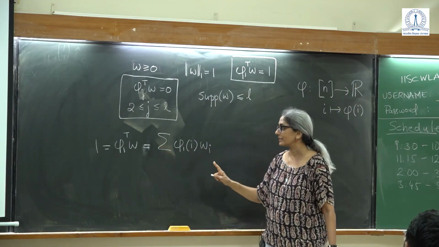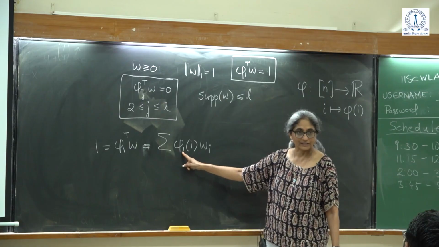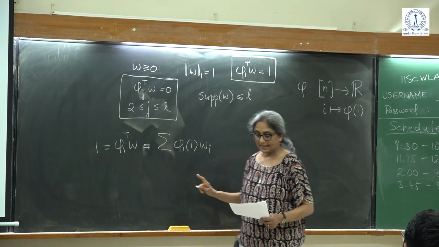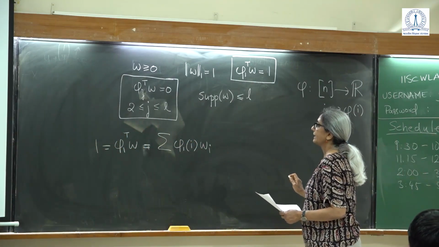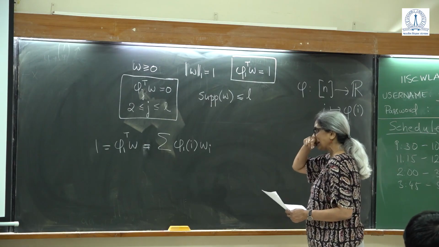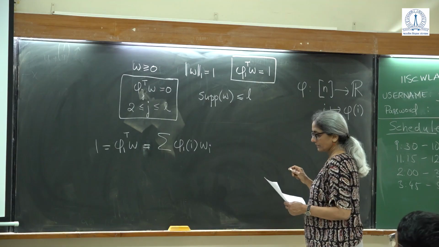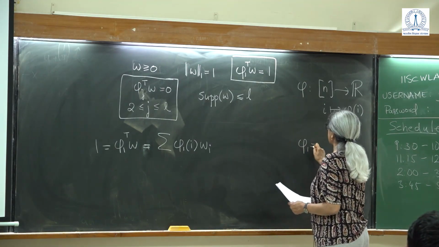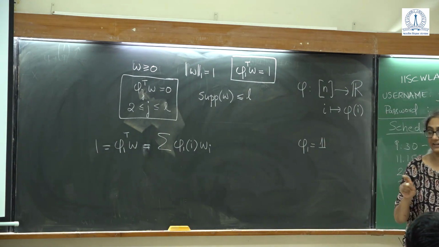I'm doing this very slowly. So I have a weighted combination of the function values that's giving me 1. And that's true on the one side. But on the other side, let's assume also phi1 is just the all ones vector. I haven't normalized it.